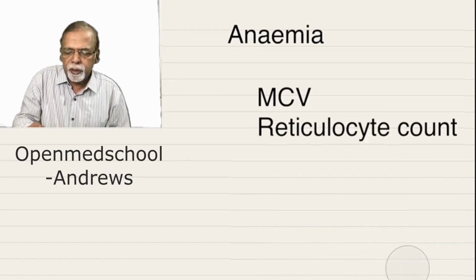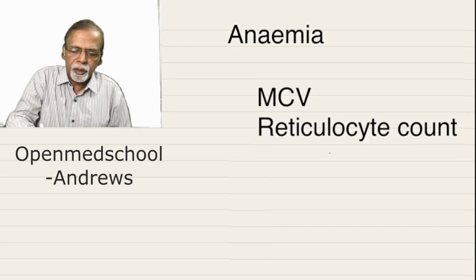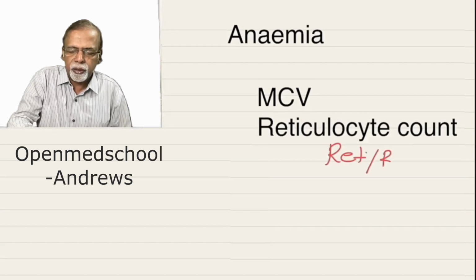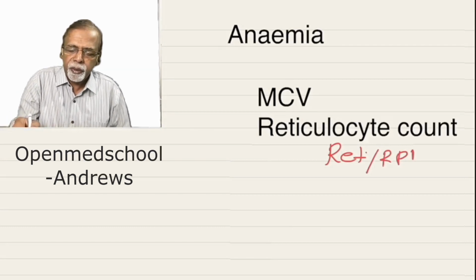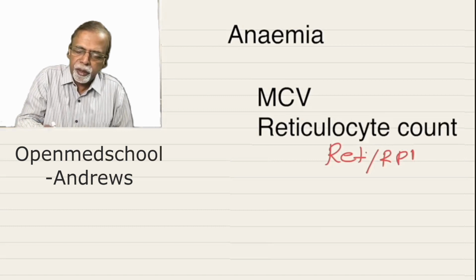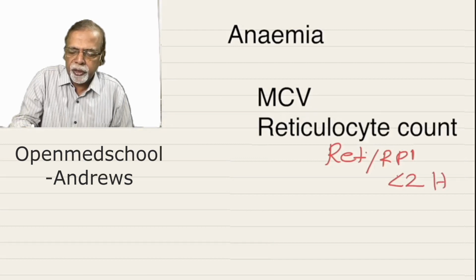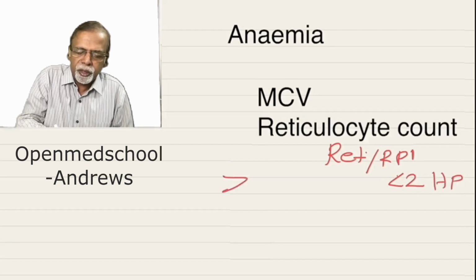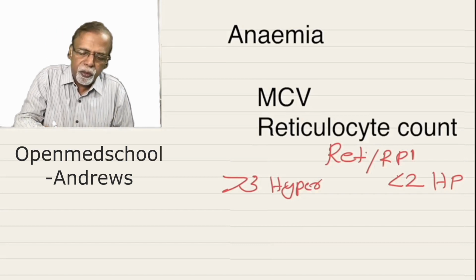Now let us think a patient has anemia. You calculate the retic count or reticulocyte production index. If it is less than 2, you take it as hypoproliferative. If it is more than 3, you take it as hyperproliferative.